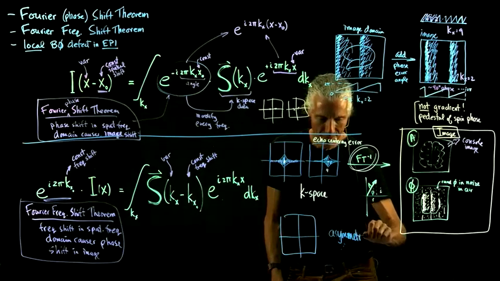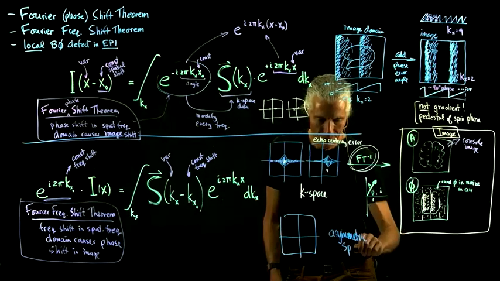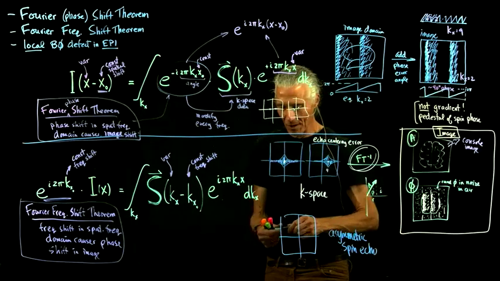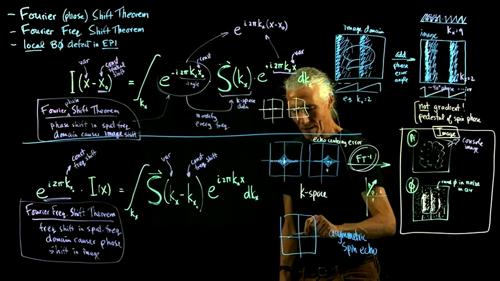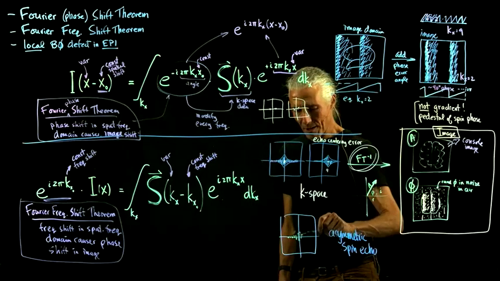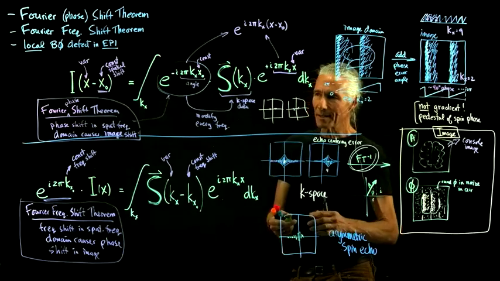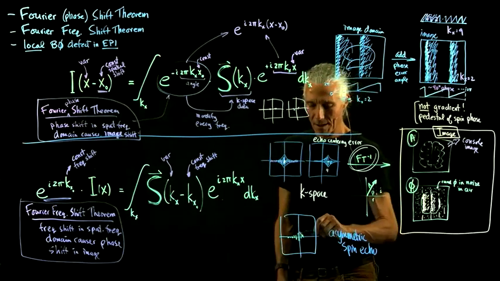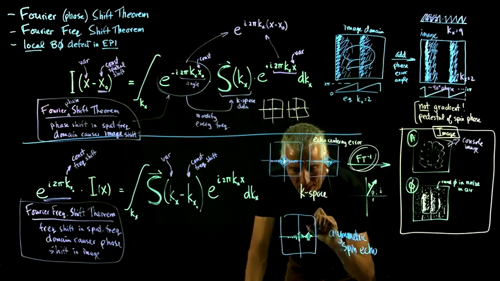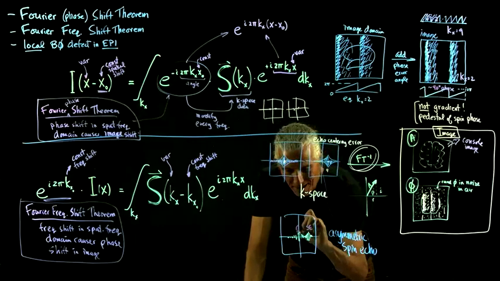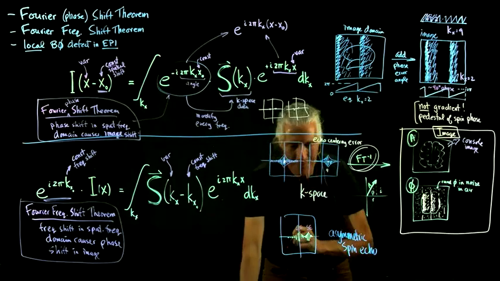What you could do is collect an image and get a gradient echo in the middle of the image, and then set the timing of your 180 pulse to get a spin echo over here, like a spin echo over here and a gradient echo over here that's not lined up with it.